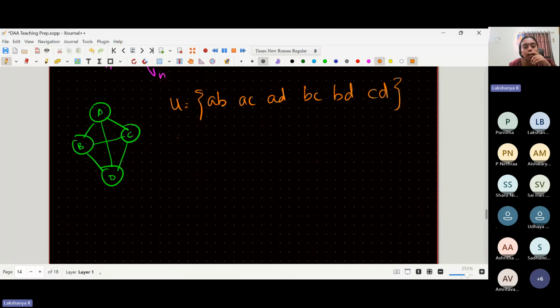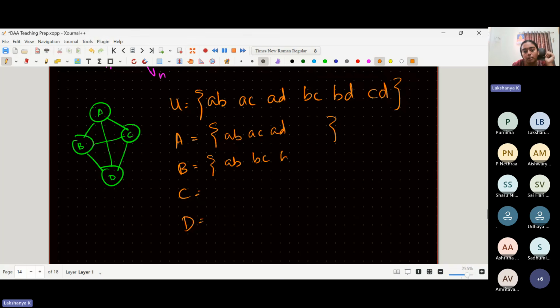Hopefully, yes. Right. So now for every vertex, I am going to create a subset. And that subset is going to contain all the edges which are incident on that vertex. So for A, it will be AB, AC, AD. For B, it's going to be AB, BC, BD.